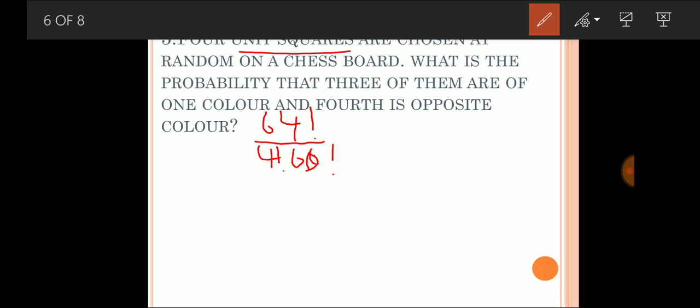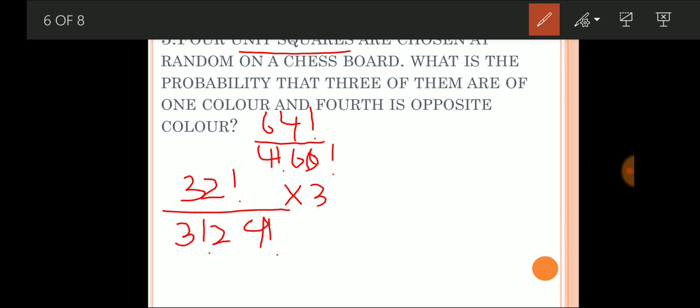From these 32 squares, we'll have to choose 3 squares of one color, which is 32 factorial divided by 3 factorial into 29 factorial. Then 3 black squares times 1 white square would be 32 factorial divided by 1 factorial into 31 factorial. That gives you the white square.